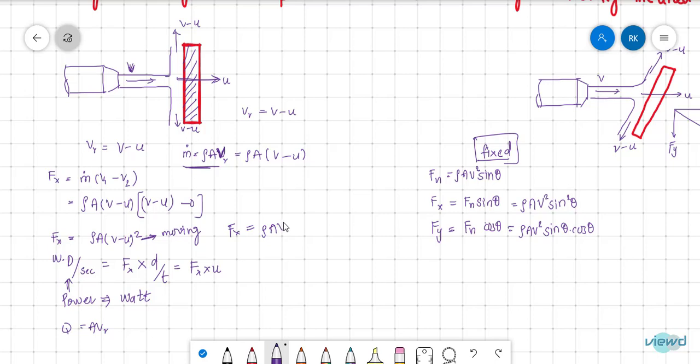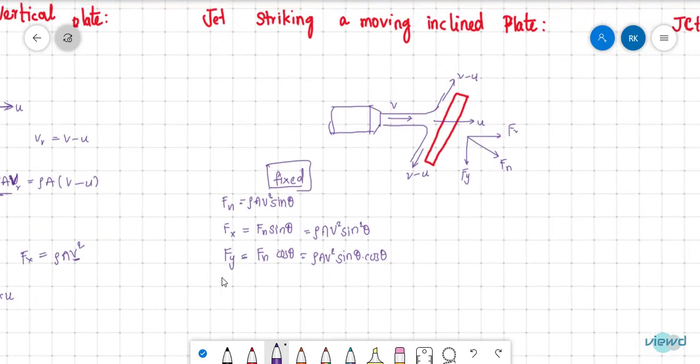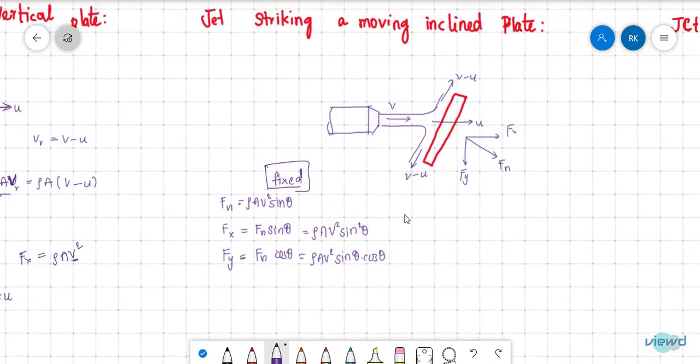Rho a v square. In the place of v, v minus u comes. In this case also, v should be replaced with v minus u. That's it. Fn is equal to rho a (v minus u) whole square sine theta.